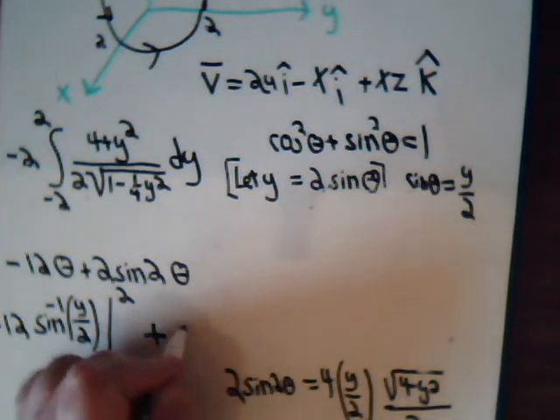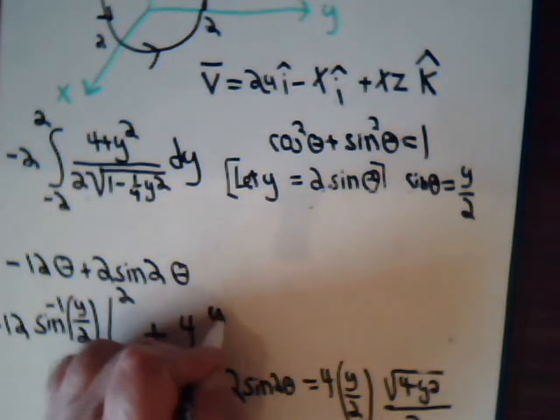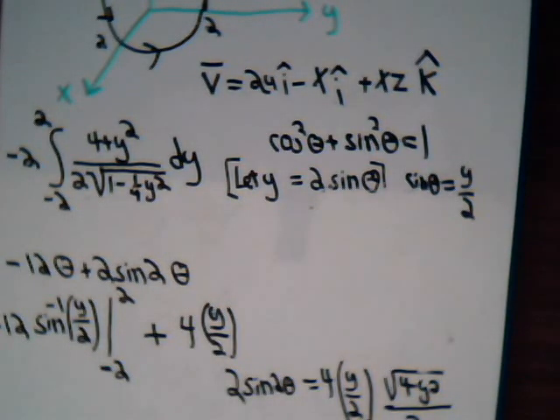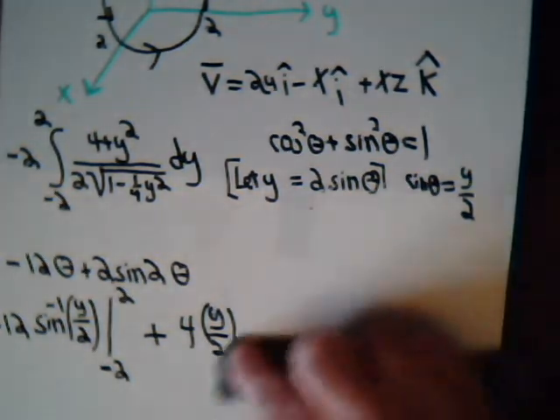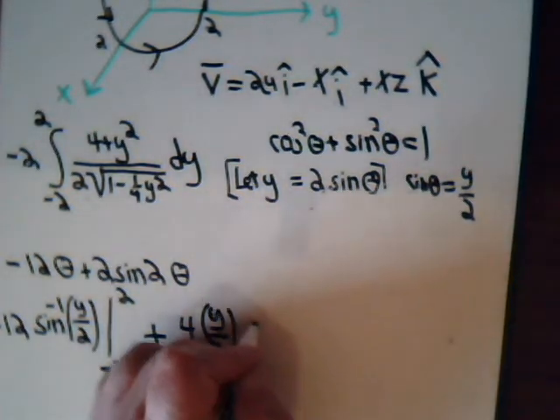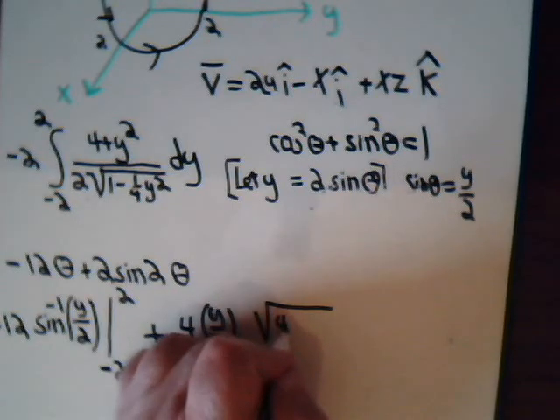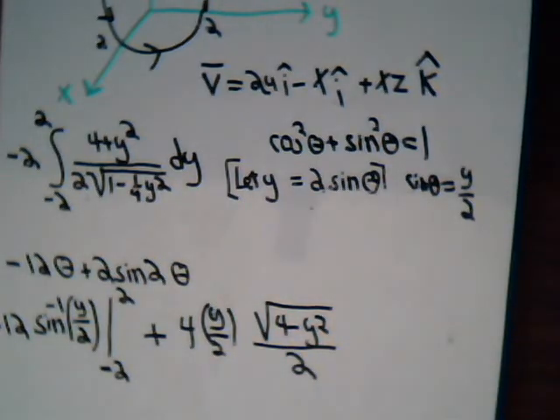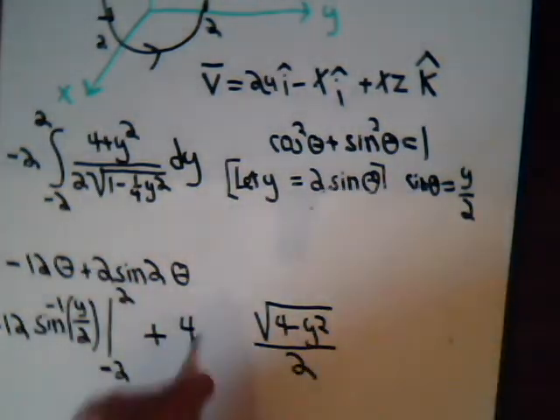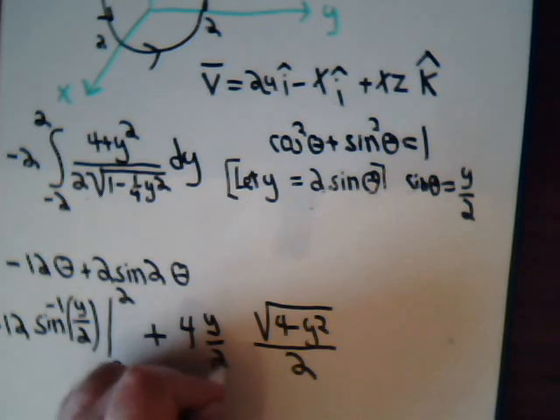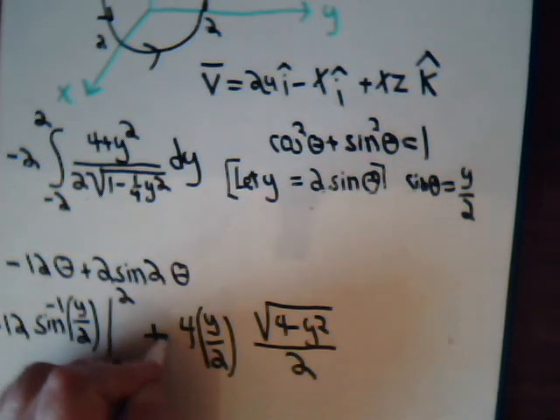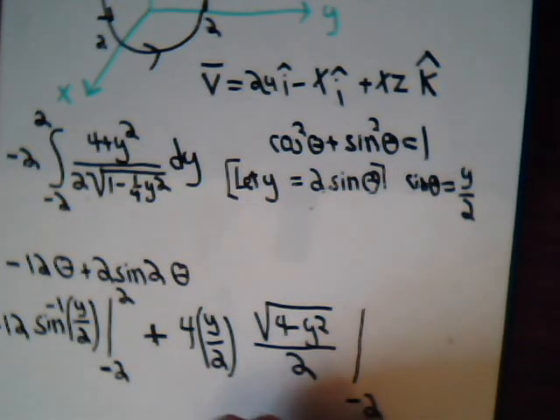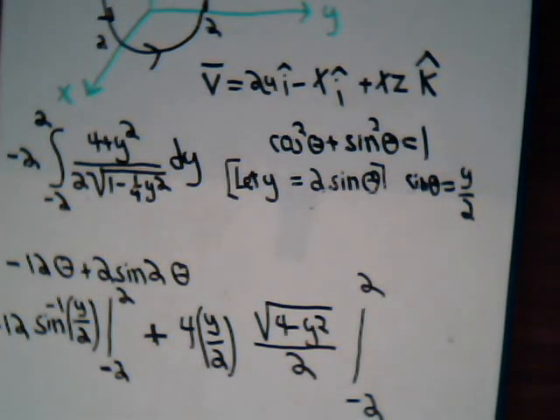We have plus 4y over 2 times this, square root of 4 minus y squared, divided by 2. This is 4 times y over 2. And y goes from minus 2 to plus 2.